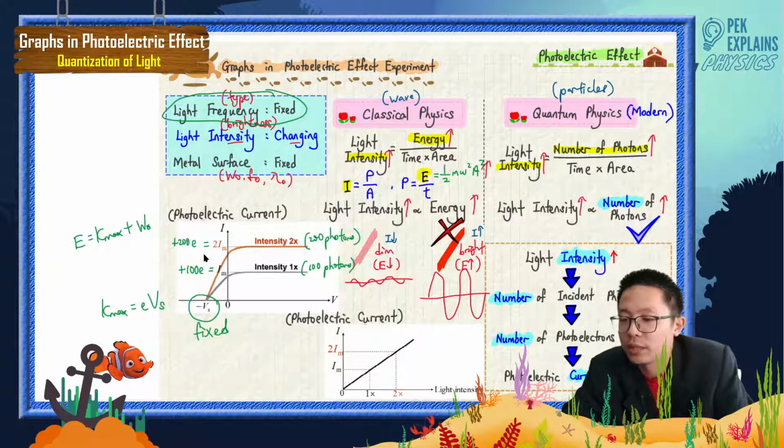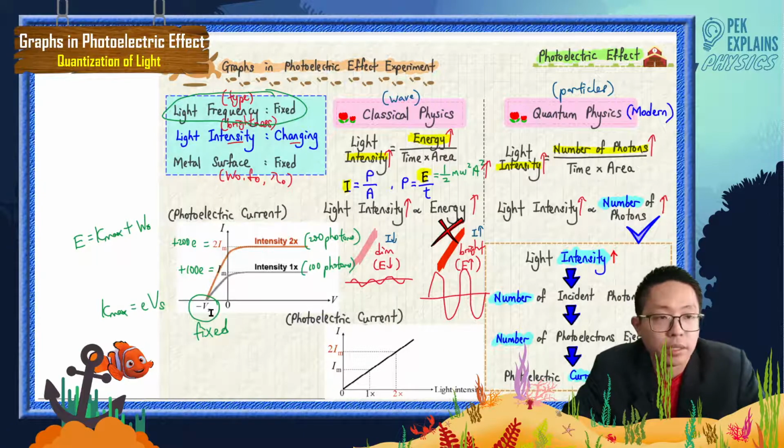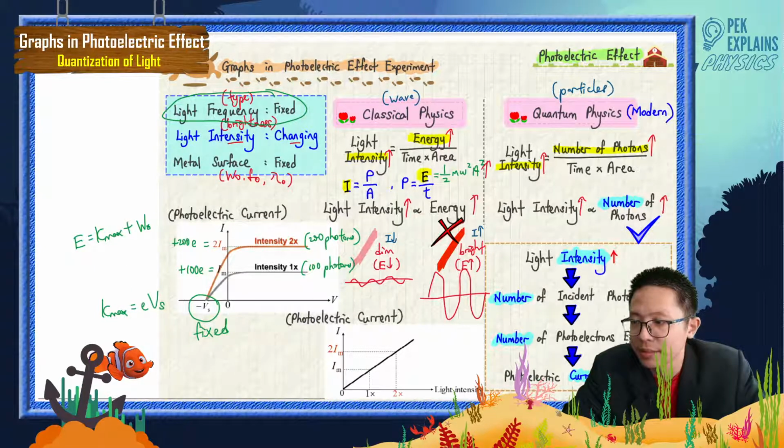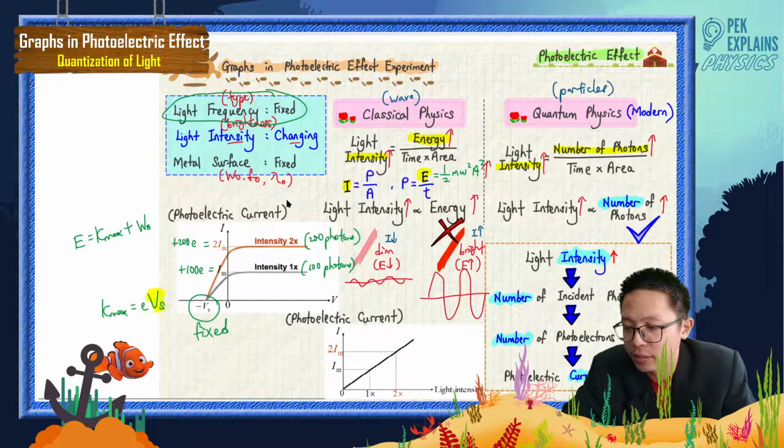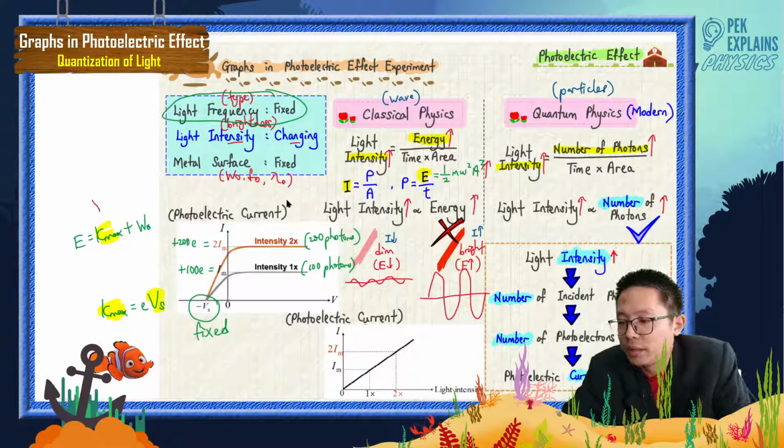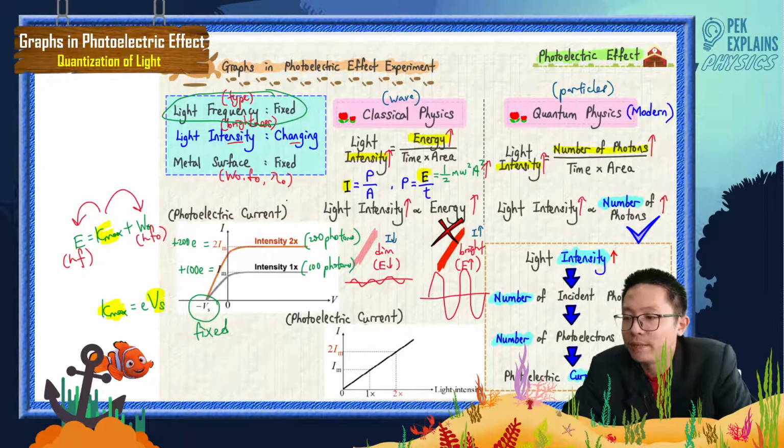So we can say stopping potential does not depend on intensity. Stopping potential only depends on Kmax, and Kmax only depends on the energy of the photon, which is the frequency, and the work function.